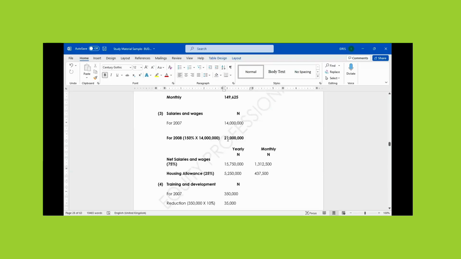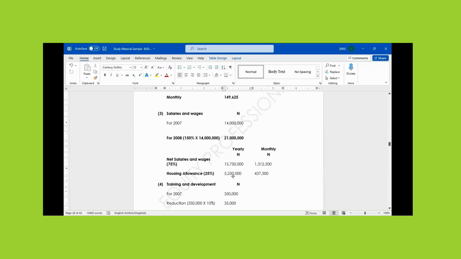That is what we are going to receive in 2008. The examiner now wants us to break this 21 million down. One is salaries and wages without housing. What percentage of housing allowance is in this 21 million? 25%. So net salary and wages without housing allowance is 75%.